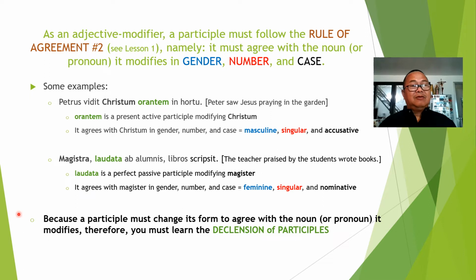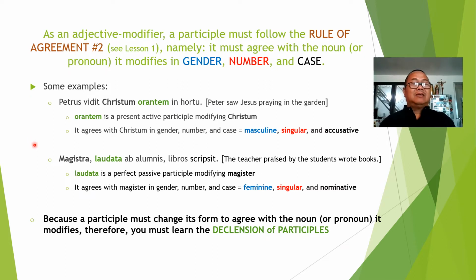Now, you will notice here, in part 1, we studied only how to form the participles. Digdi, when it is used now as a modifier, when it agrees with a noun or pronoun it modifies, it must change its form. Bako lang na hanggang orans lang kita: laudans, monens, agens.